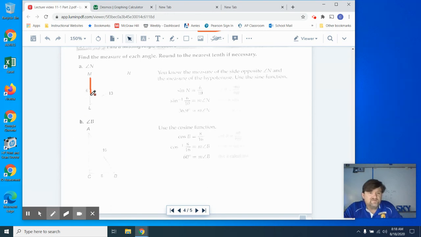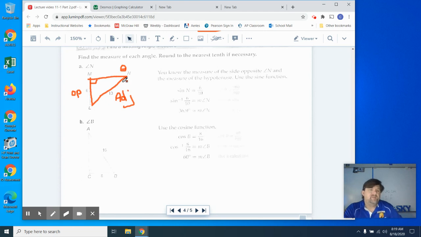This triangle is drawn this way, and this side is 10, this side is 10, this side is 6, and they're going from angle N. So angle N is theta, so theta is right here. That means this is opposite, because it's opposite of theta, and this is my adjacent. Well, they follow the same exact rule.